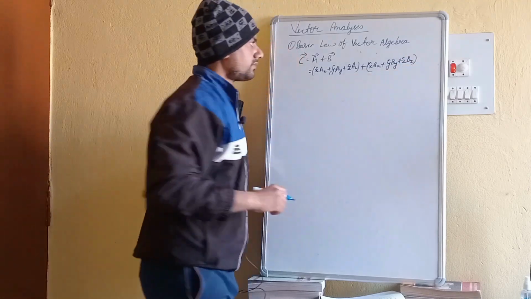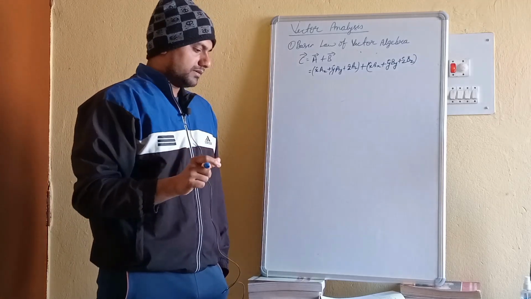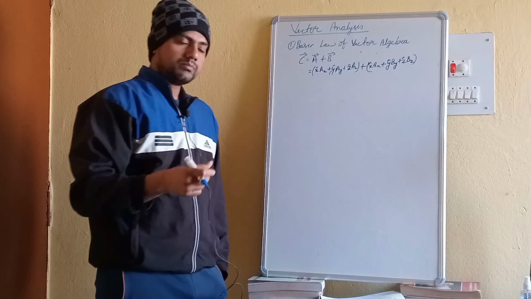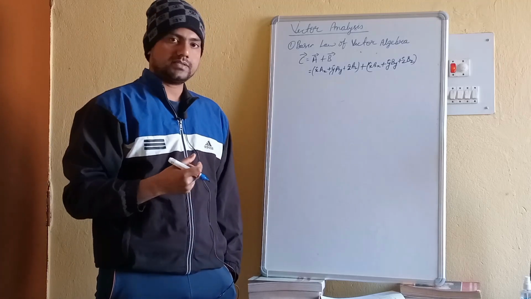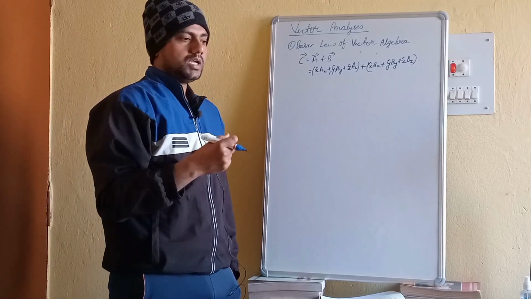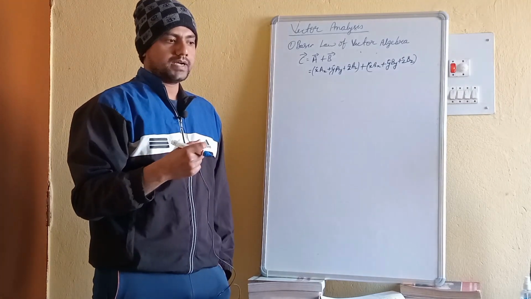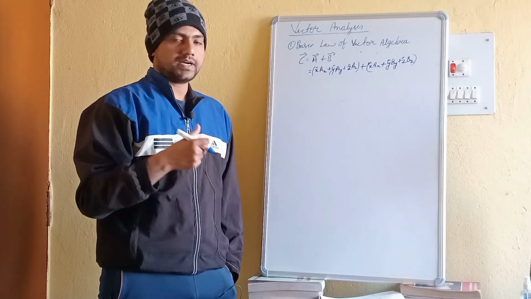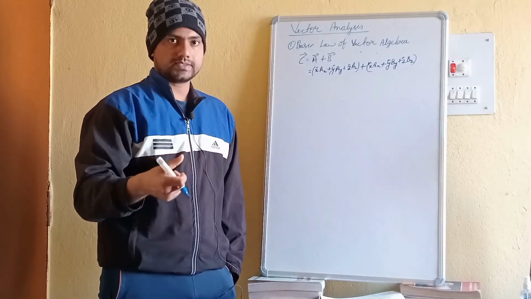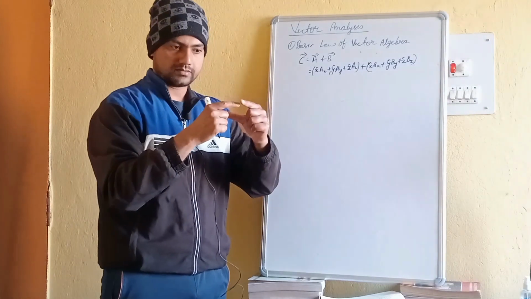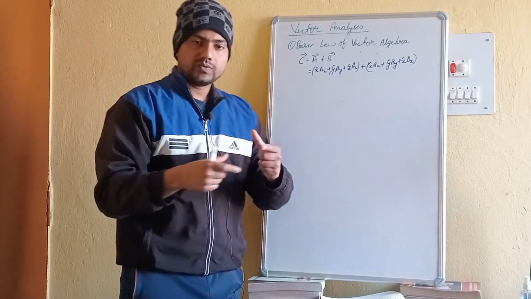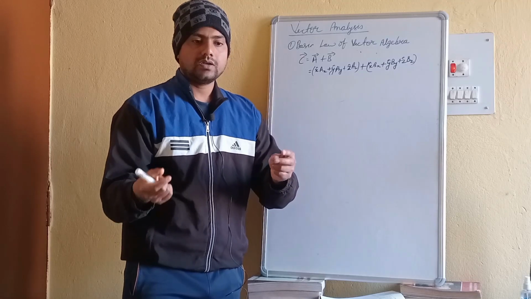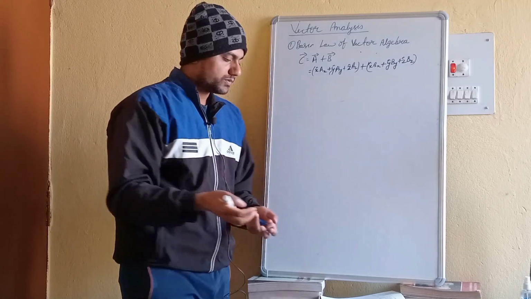So if we want to add, how can we do that? The components along the same axis are added. For example, if we have a component of vector A along the x-axis and a component of vector B along the x-axis, those two components we can add. In the same way, we can add the components of vector A and vector B along the y-axis also.